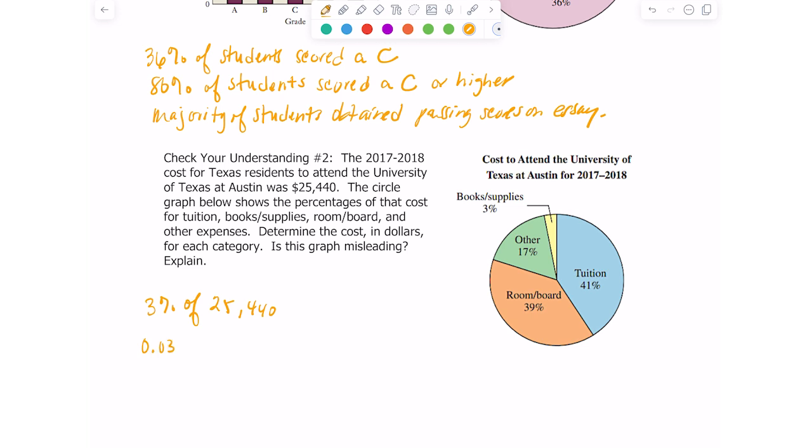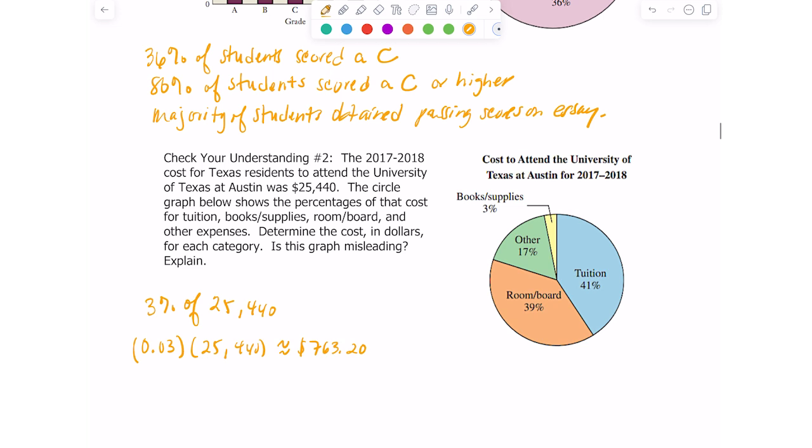Of means to multiply, so we're going to multiply that with the 25,440. And if I multiply 0.03 times 25,440, I get about $763.20. So out of the $25,440, you're paying about $763.20 for books and supplies.